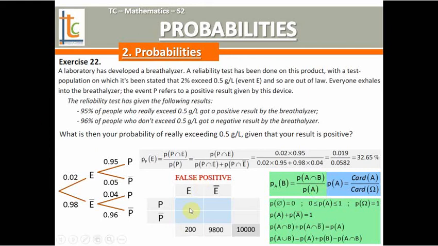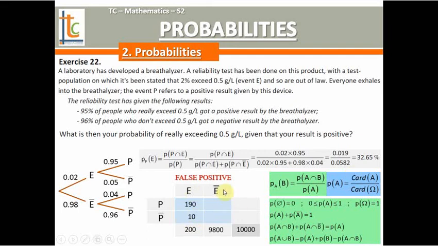If you are in E, 95% of the time you are tested positive. So 95% of the 200 people are here in the first cell. And that represents 190 people. And below, 10 people have been tested negative, even though they were exceeding 0.5. Okay, so the first mistake of the test. The test tells you you are negative, whereas you were meant to be positive. It's a mistake.